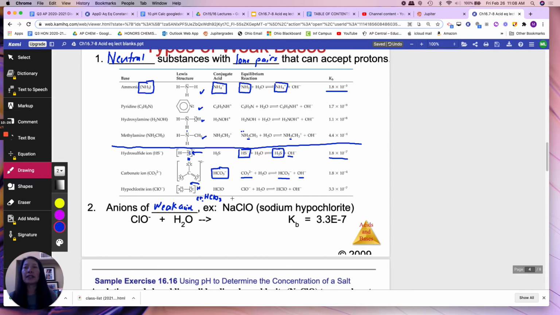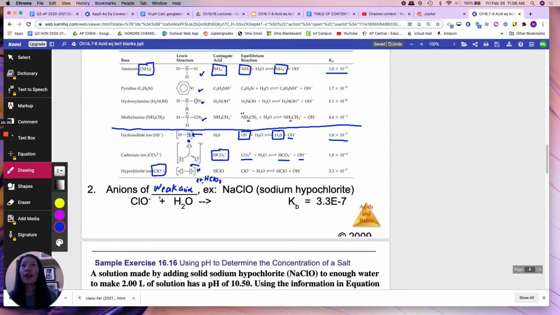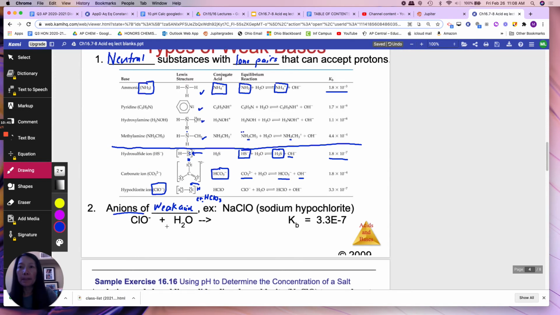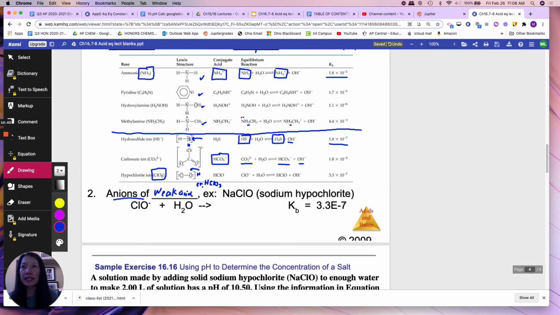So that is your base as well. So you can have neutral bases. You can also have anions of weak bases. What that means is when ClO minus, which is this substance right here, dissolves in water, it can accept the H plus.